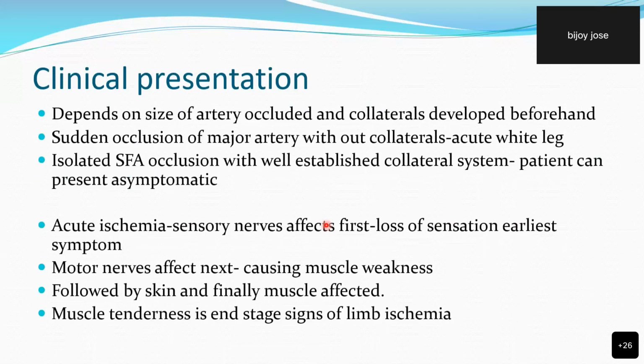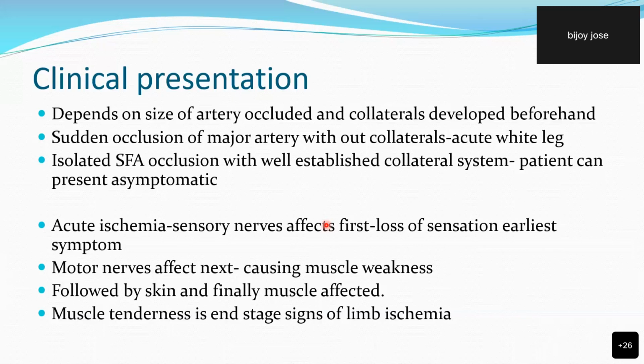Clinical presentation depends on the size of the artery occluded and the collaterals developed beforehand. As I already mentioned, a patient with underlying chronic disease will have already developed collaterals, so may not have very severe symptoms. On the other hand, a young patient without any underlying pathology or chronic component presents with severe symptoms.